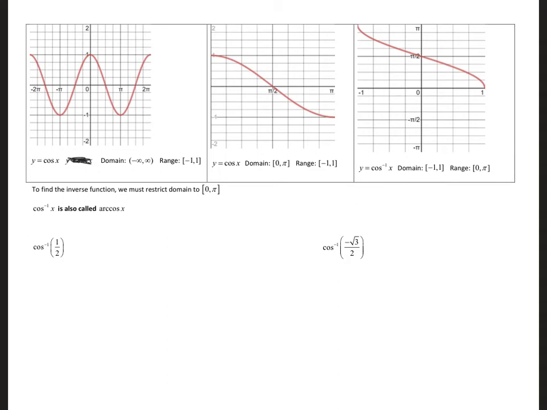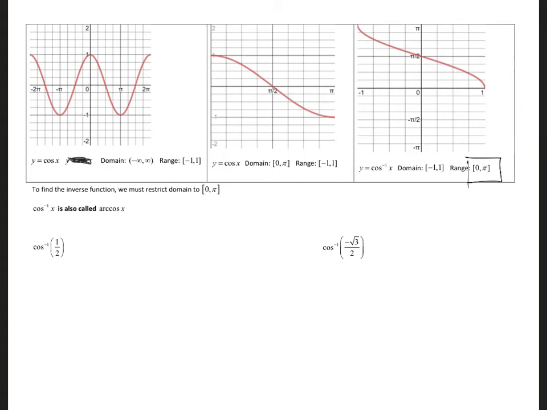So for this one, we restrict the domain from 0 to pi. And you can see when I graph it here and apply the horizontal and vertical line tests, this graph passes. So that means I can get its inverse. So I switch the domain and range and then graph it. But the most important thing here is this range, from 0 to pi, because this is what is going to help us.